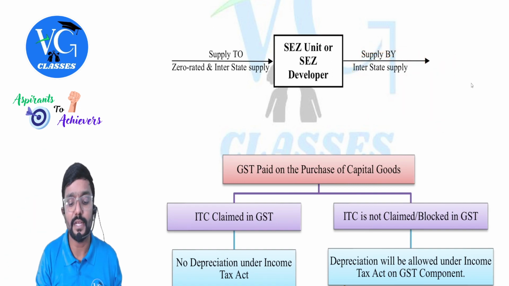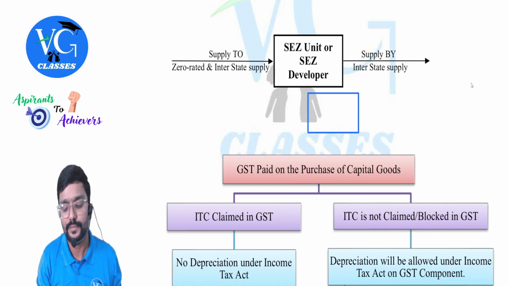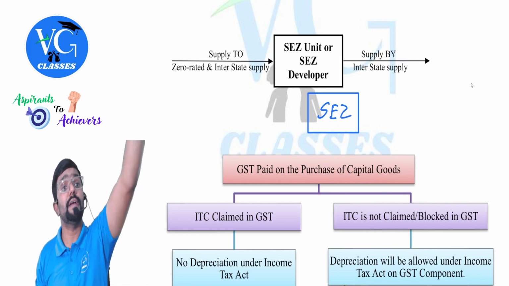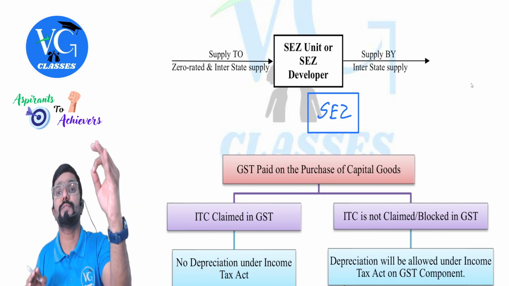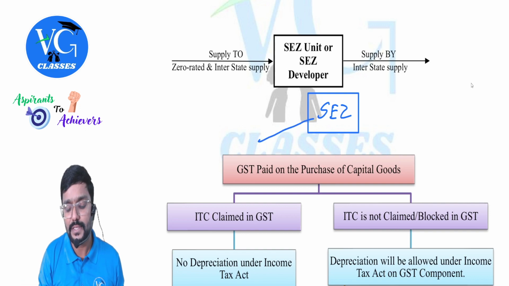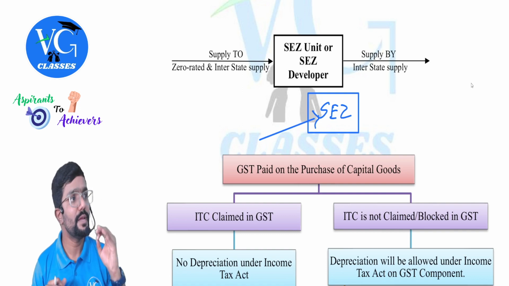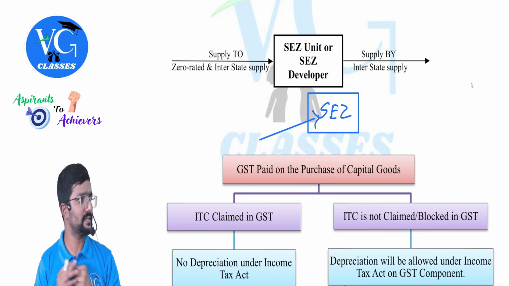Guys, listen. Interesting. Now assume government has declared this area as SEZ. I told you this location is considered to be outside India. It is actually in India, but for GST, we consider it as outside India. If anything is going inside this, it is at par with export, guys. So do we treat it as interstate as well as zero rated? Yes.